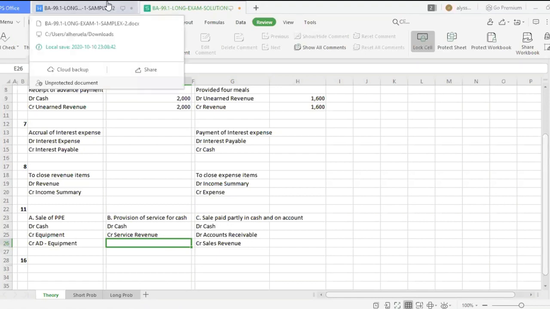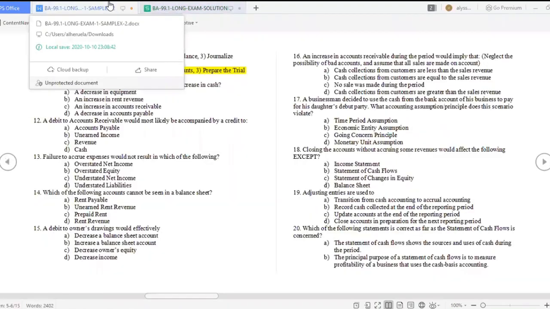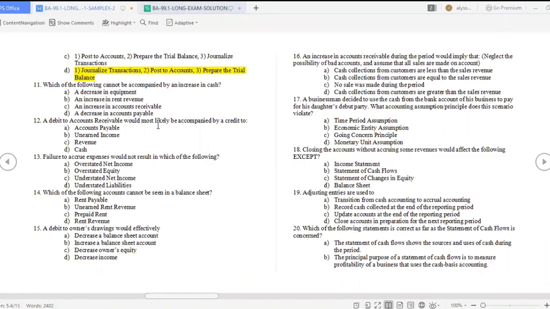These are the different scenarios in which there would be an increase in cash. So the correct answer here is letter D, decrease in accounts payable, because when you decrease accounts payable, it's most likely when you pay cash, or a decrease in cash.